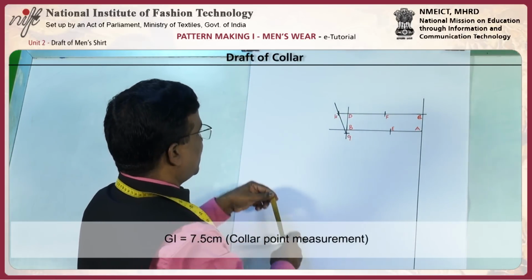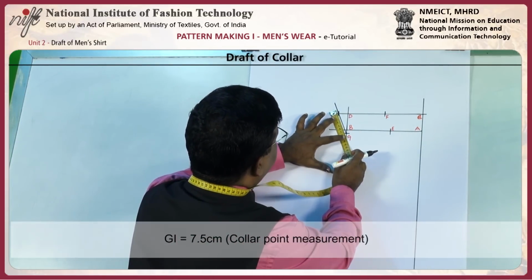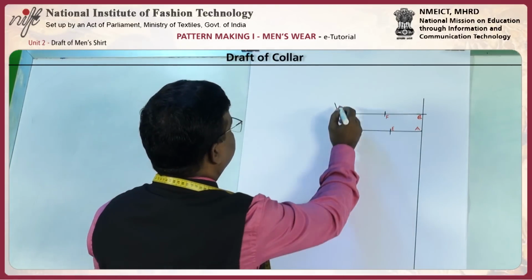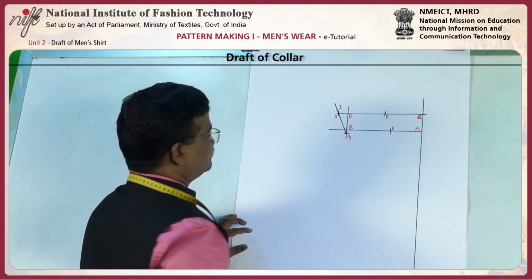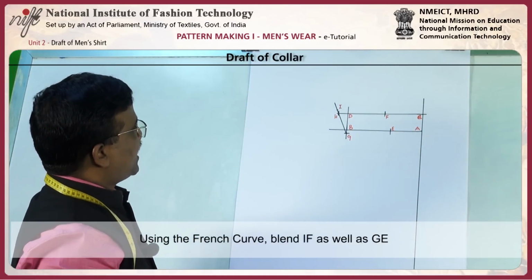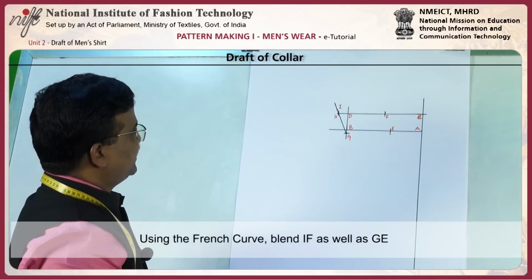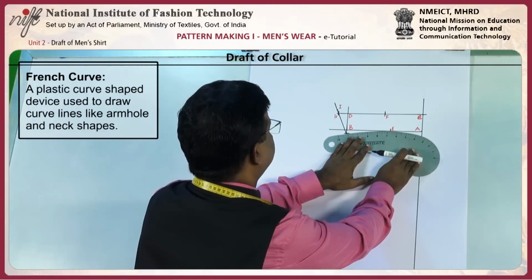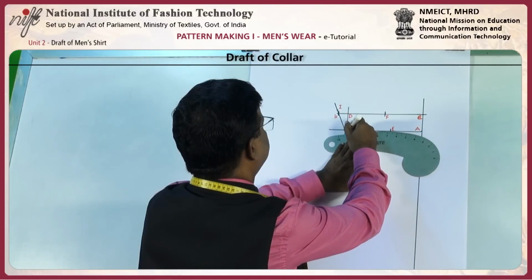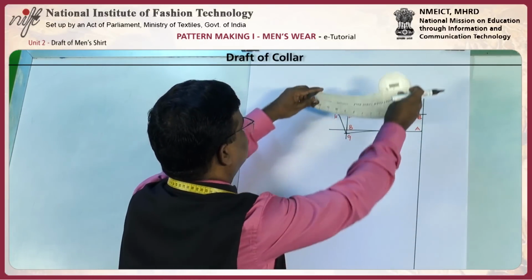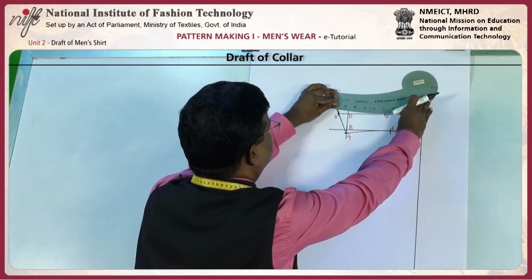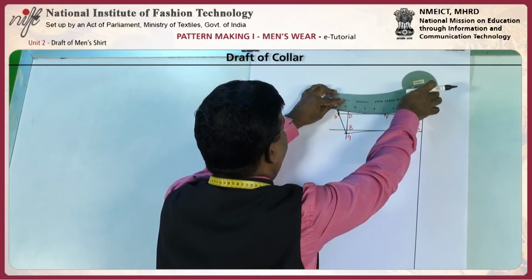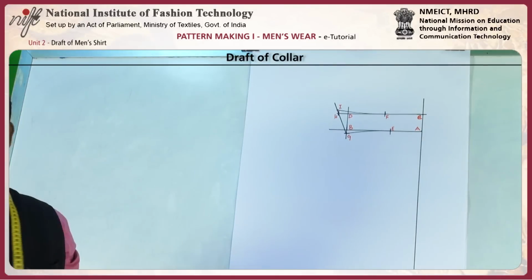G to I, collar point measurement 7.5. Now blend I and F, G and E. With this, collar draft is complete. Cut.